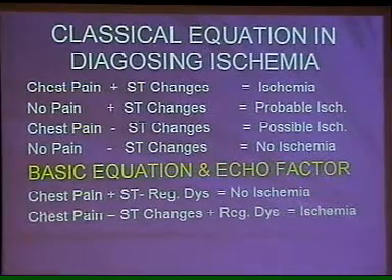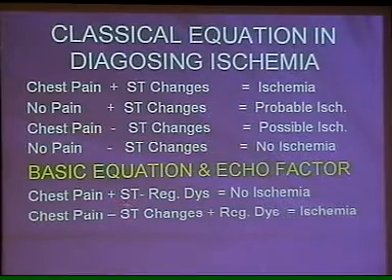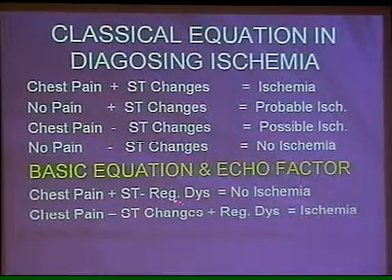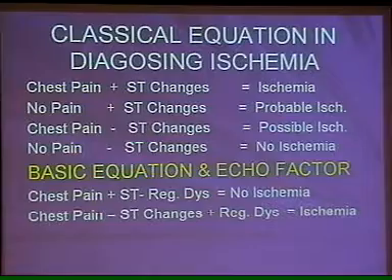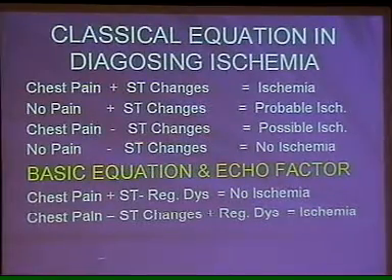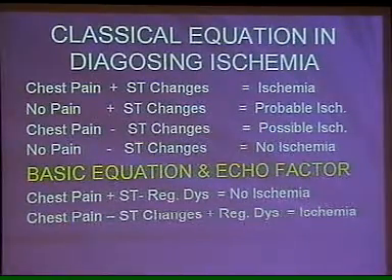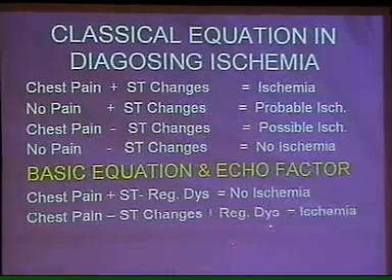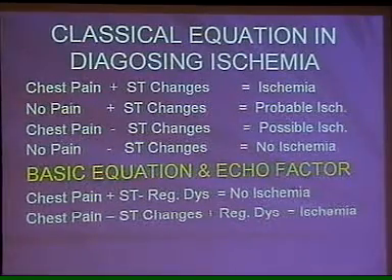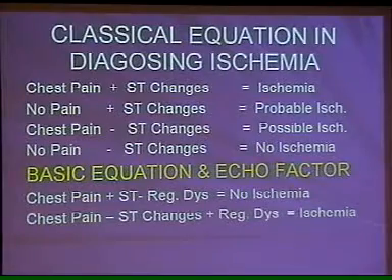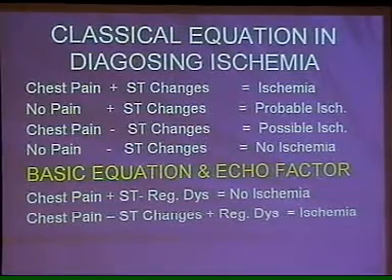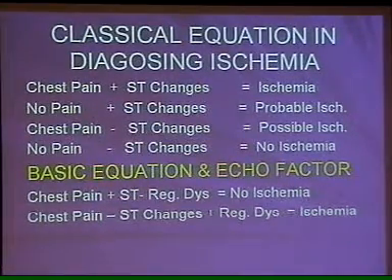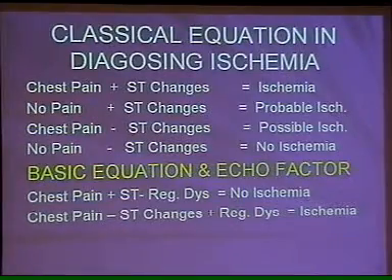Now chest pain with ECG ST changes, but minus regional dyssynchrony, there is no ischemia. Full stop. But if there is chest pain, minus STT changes, plus regional dyssynchrony, there is ischemia. So this is the importance of assessing the wall motion abnormality, no matter what method you use.